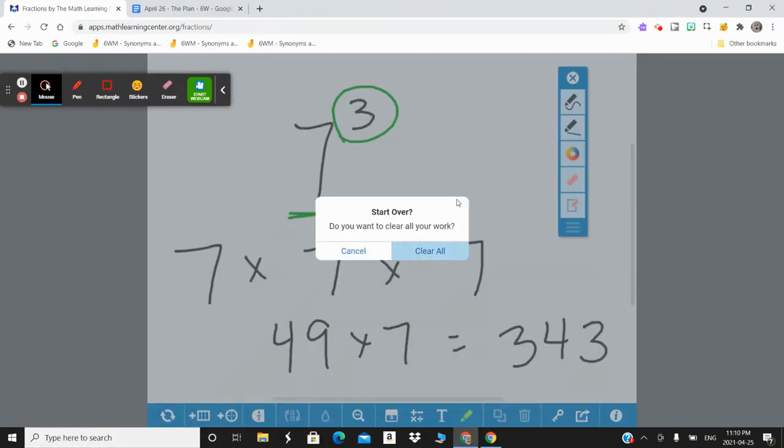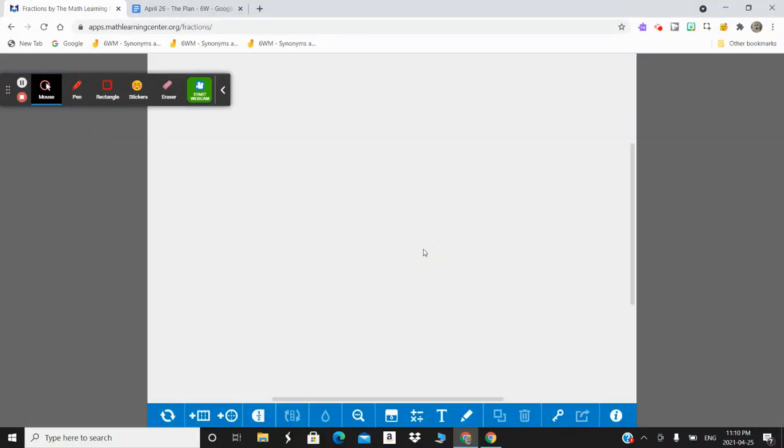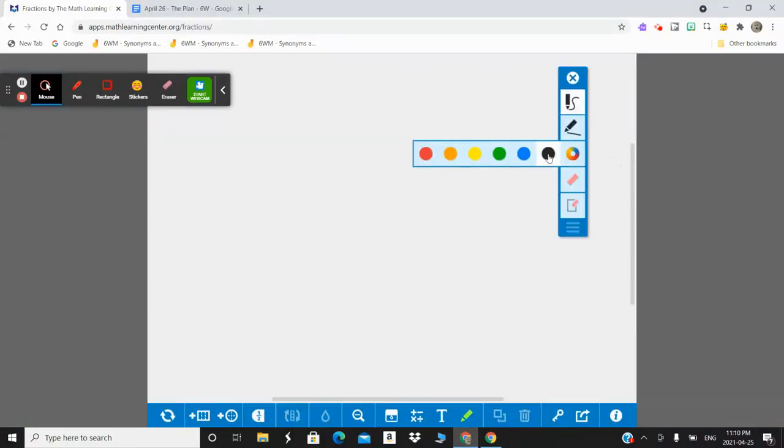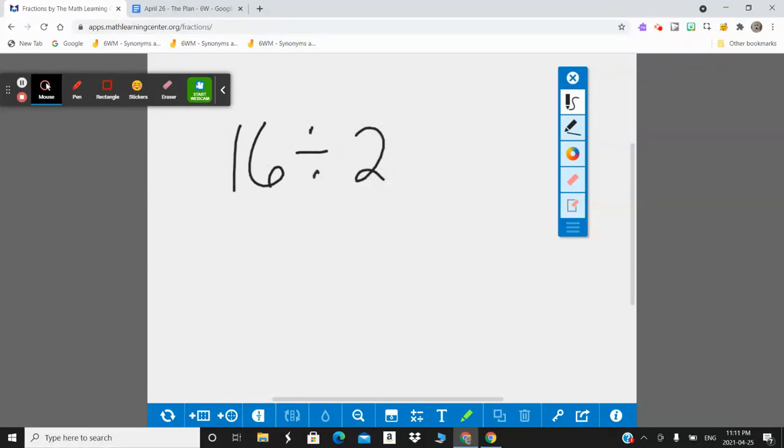All right, so let's look at how this relates to BEDMAS. So when we're working with BEDMAS, I'll just write a short little BEDMAS. So let's do 16 divided by 2 plus, we'll just say 3 to the power of 2.